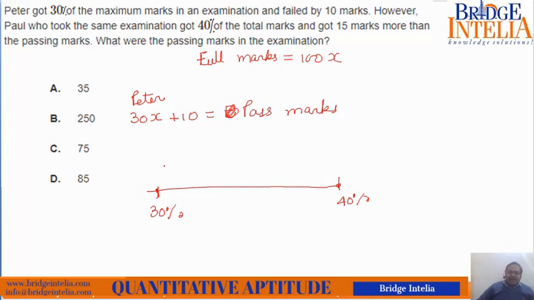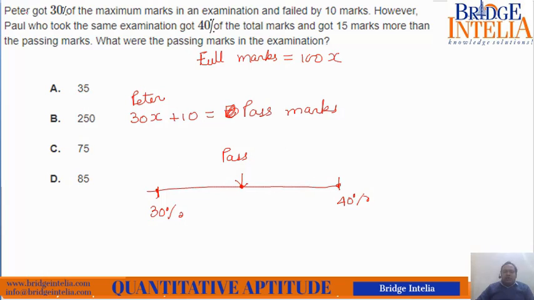One is fail, the other is pass. That means the passing mark must lie somewhere in between. I am not saying it lies exactly in between, but somewhere between 30% and 40%.